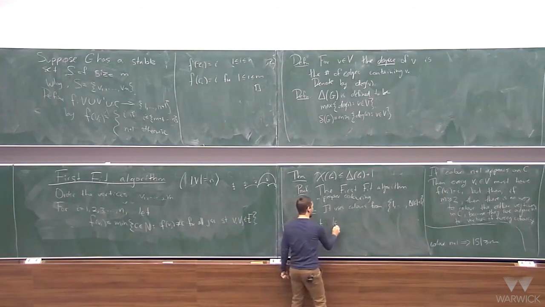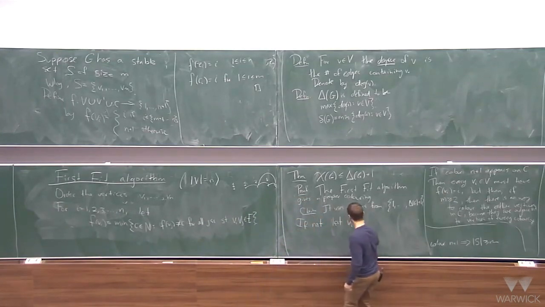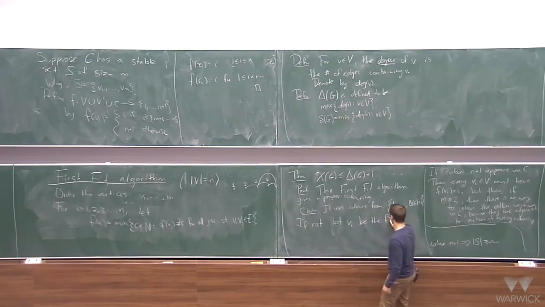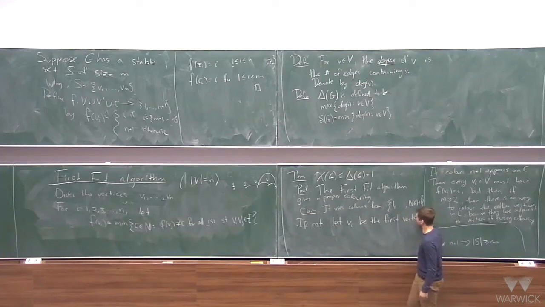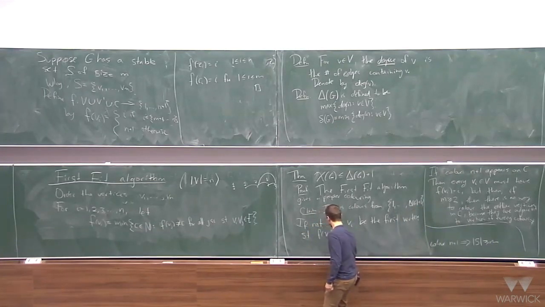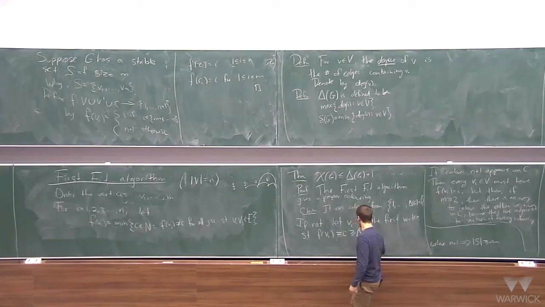So let vi be the first vertex such that f of vi is, let's call it C, and this is at least delta G plus 2.